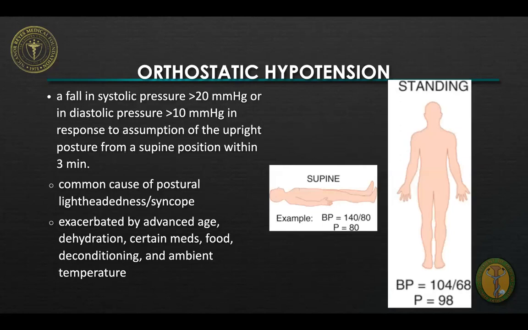Orthostatic hypotension is defined as a fall in systolic pressure of more than 20 millimeters of mercury or in diastolic blood pressure of more than 10 millimeters of mercury in response to assumption of the upright posture from a supine position within 3 minutes. This usually is accompanied by tachycardia.